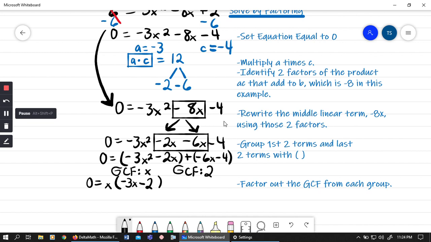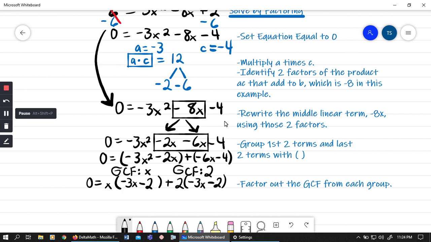From the second group, if we factor out that GCF, that 2, we're going to wind up having negative 3x left over from the first term, and from the second term, minus 2 left over.